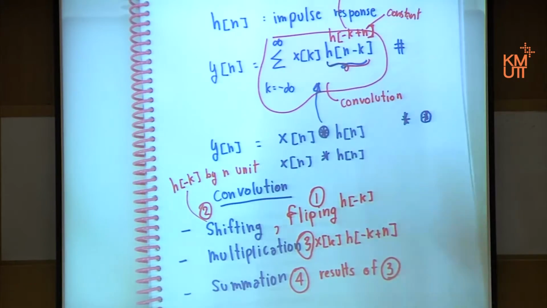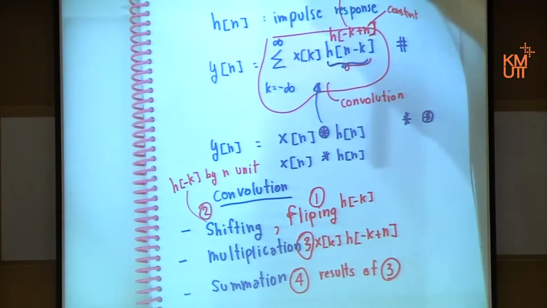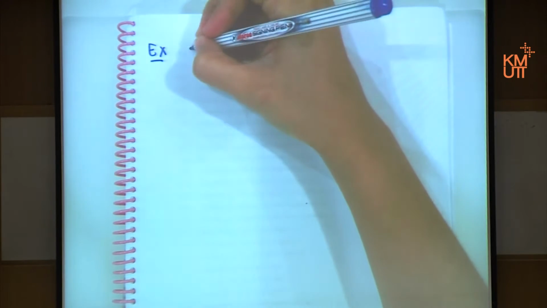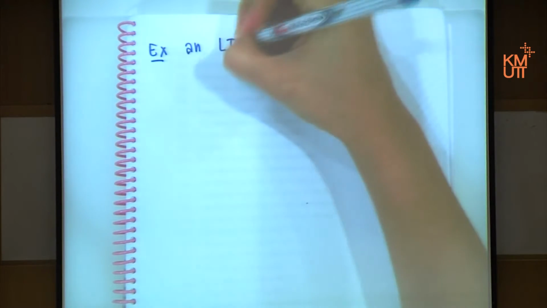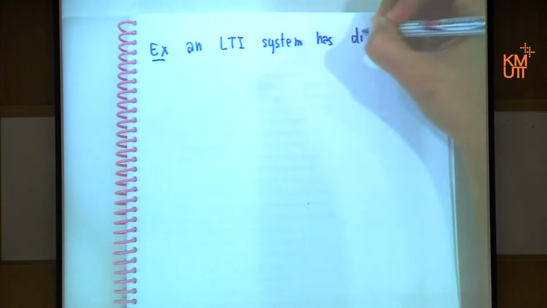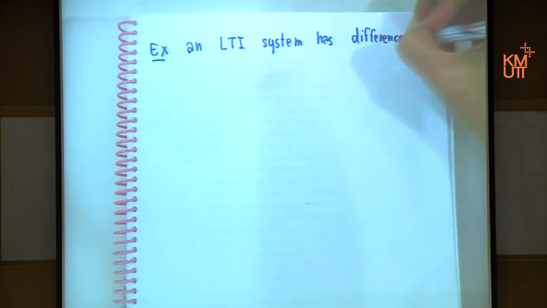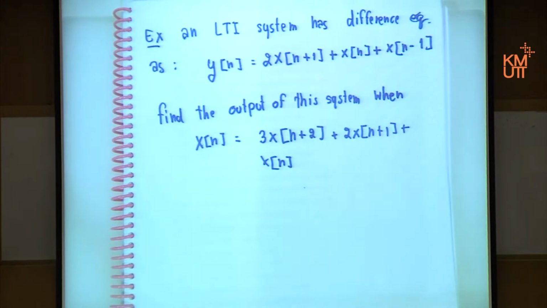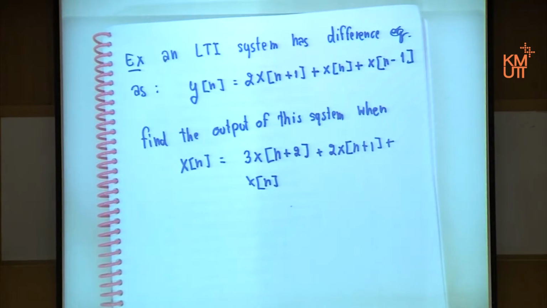Okay, let's do the example. If we have an LTI system that has a difference equation like this, we want to find the output of this system when x[n] is equal to this one.